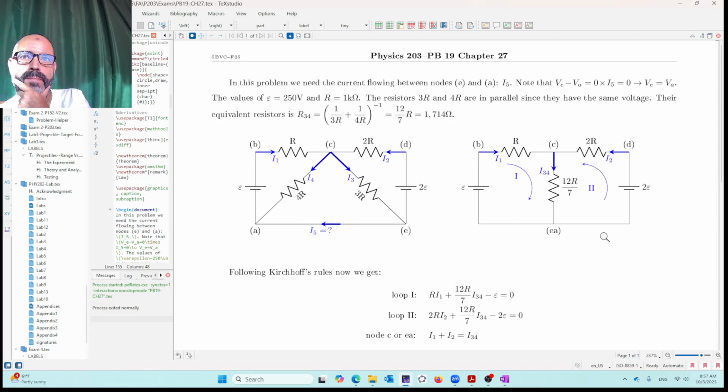This will not work, because I can't say that the points E and A have the same potential, because I have a finite resistor in here, so they are at different potentials. I don't have parallel stuff to work with. The 5R will not be the same as the 3R, the 4R.